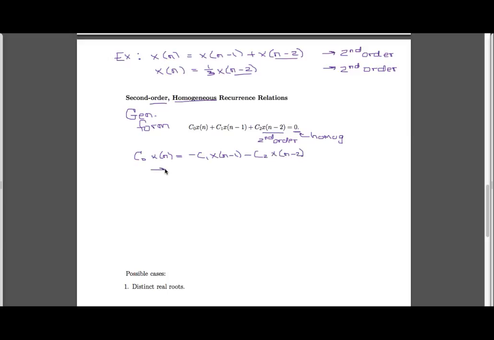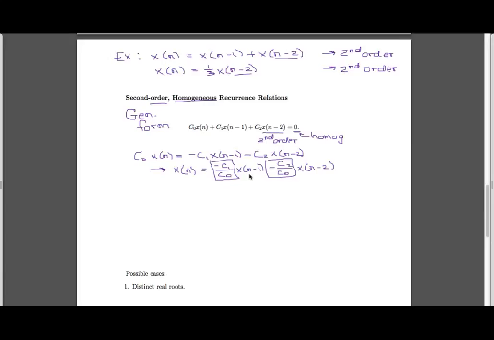And so then if you divided both sides out by c0, you'd get negative c1 over c0 x of n minus 1 minus c2 over c0 x of n minus 2. So we've got this x of n, which is some constant times x of n minus 1 plus or minus another constant times x of n minus 2. Right, this is essentially plus some negative constant, which in the end could end up being positive anyway.